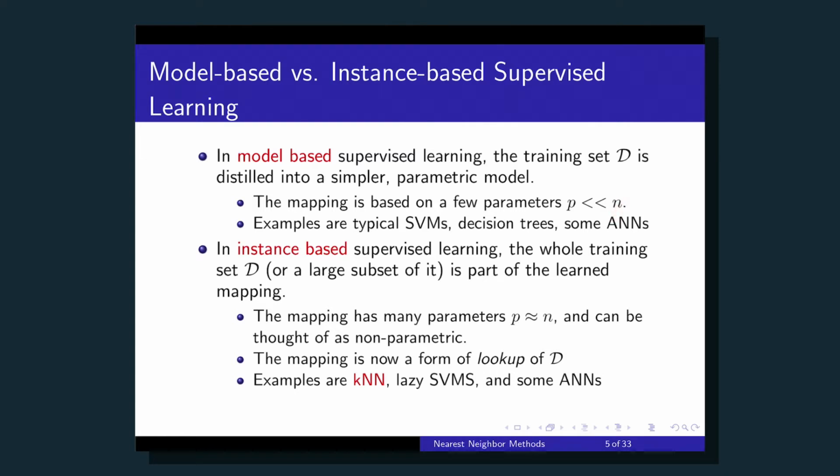So N is very large, but you're going down to just a decision point on length, which is a single parameter. So the number of parameters is very small compared to the number of examples in your training set. A good example of this is decision points or decision stumps, or more generally decision trees, which take this whole set of data and come up with a rather simpler set of decision points, which might have just a few parameters.